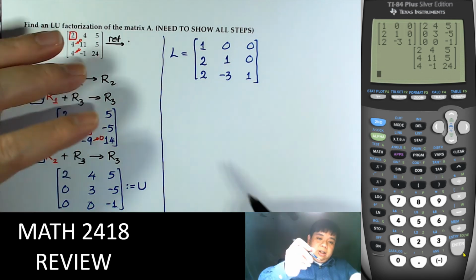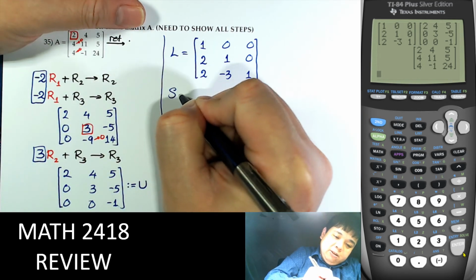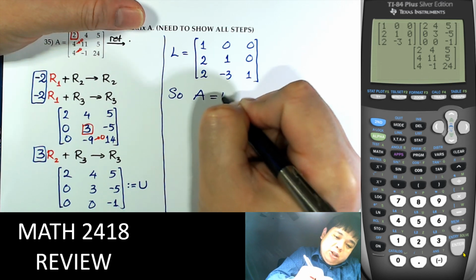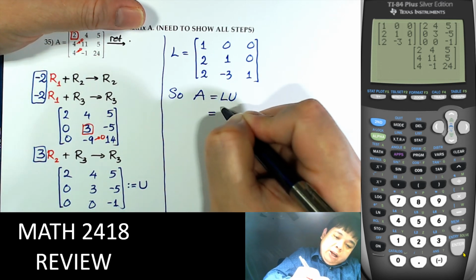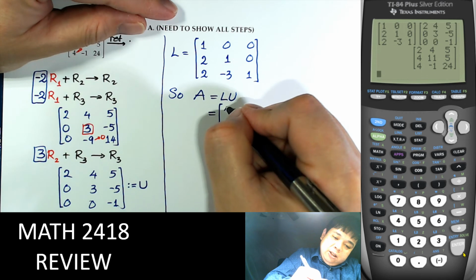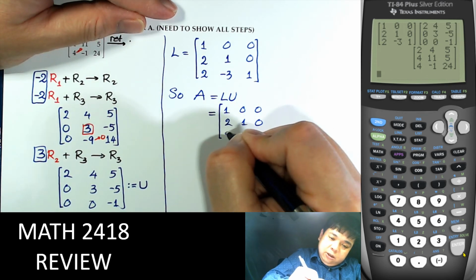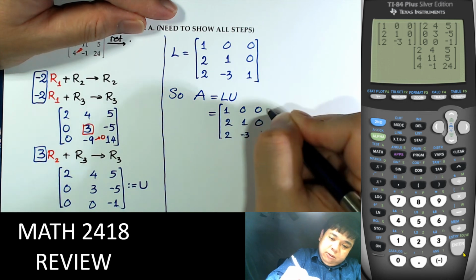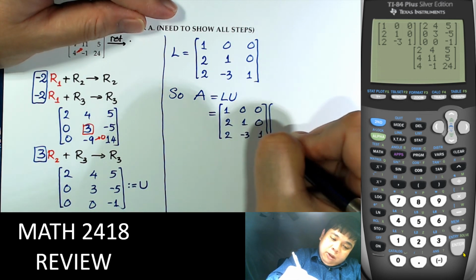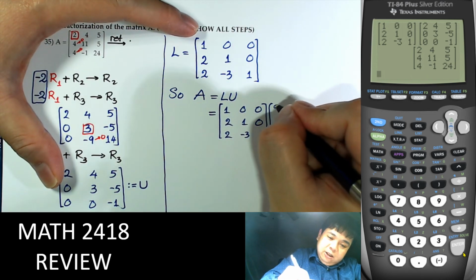So it's good. So we have A equal L times U, and L is this, and U is that.